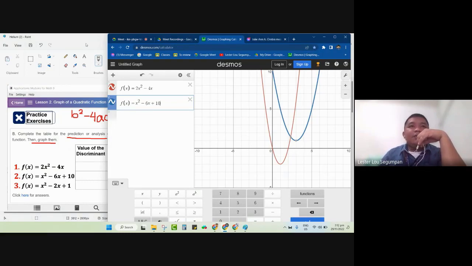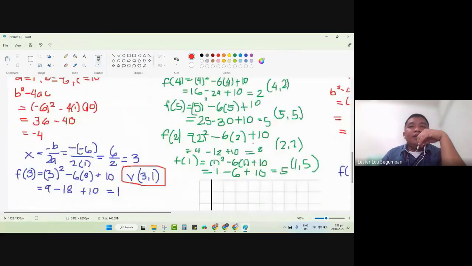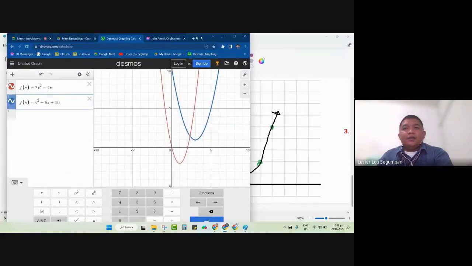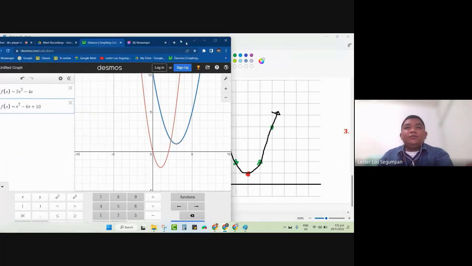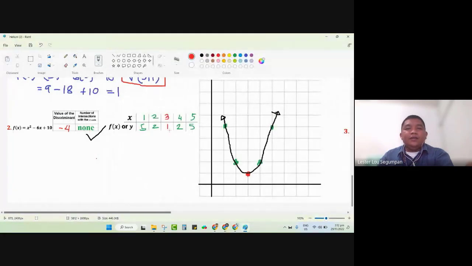So same as our prediction, no intersection, and the graph is more or less similar to this. Our vertex is here at 3, 1, and 3, 1. This is our vertex at 3 and then 1.